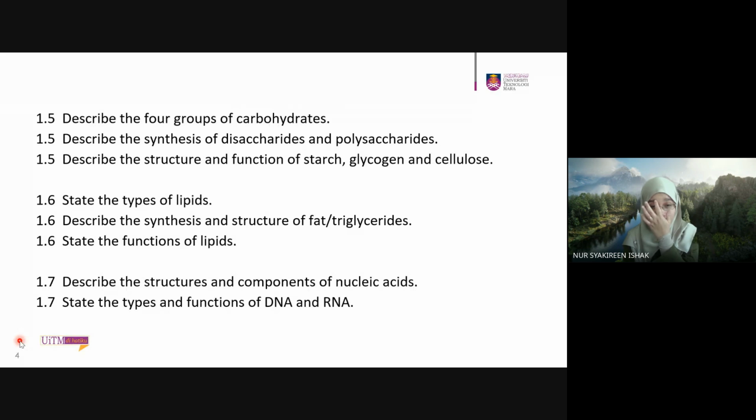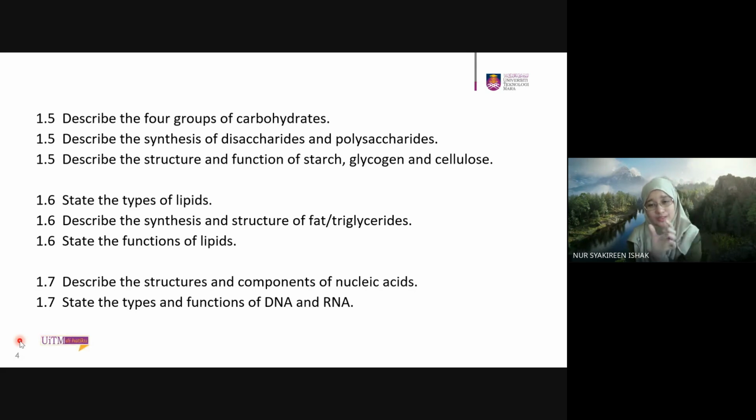Okay, so basically, for starch, glycogen, and cellulose, the monomer is glucose. Okay, it's glucose. So for example, if you eat food that has a high content of starch, like your rice or your bread or fries, potatoes, any tubers, it contains a high amount of starch.